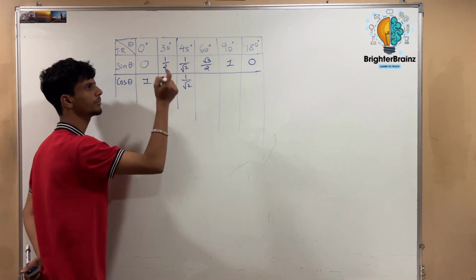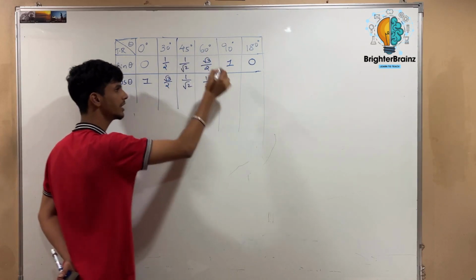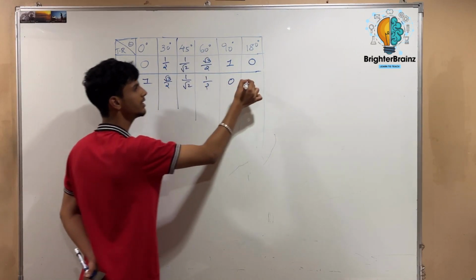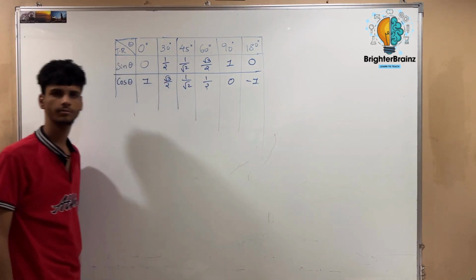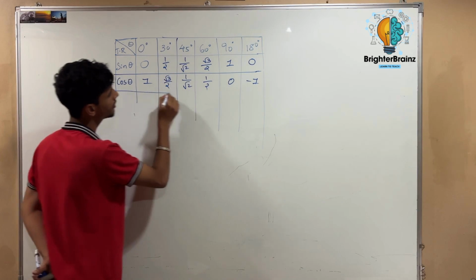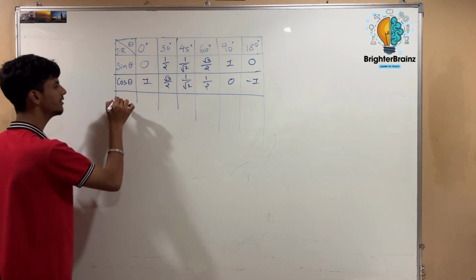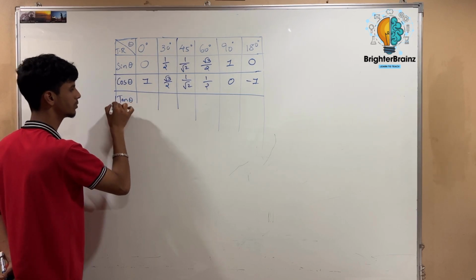So 1 by root 2, 1 by root 2. Cos 60 becomes 1 by 2, cos 90 is 0, and cos 180 is minus 1. Done. If you remember these two fundamental trigonometric ratio values, we can derive the other trigonometric ratios too.